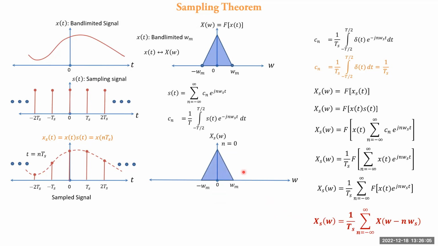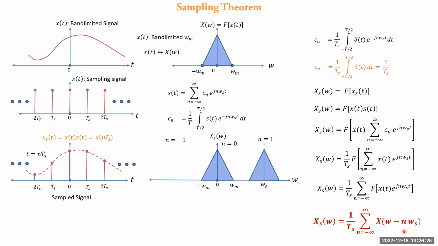So this is xs of omega for n equal to 0, which is nothing but x of omega only. When n is equal to 1, it becomes x of omega minus omega s. So x of omega will repeat itself at omega s.